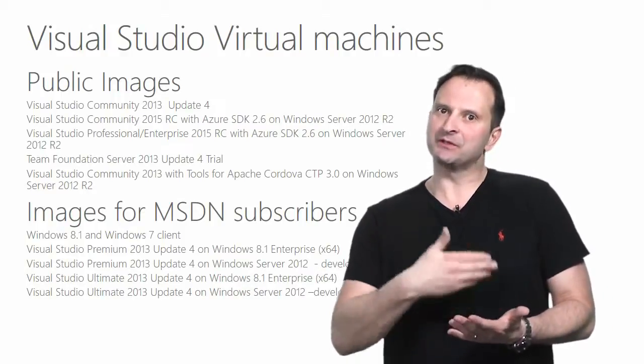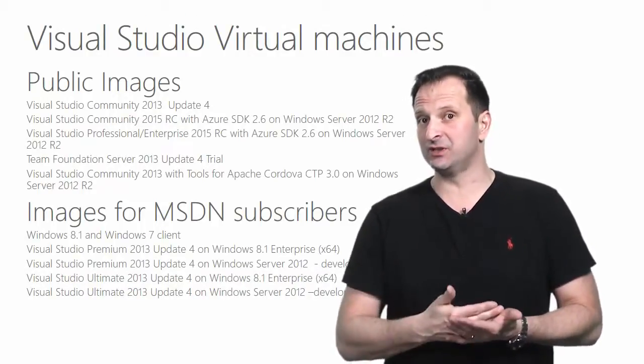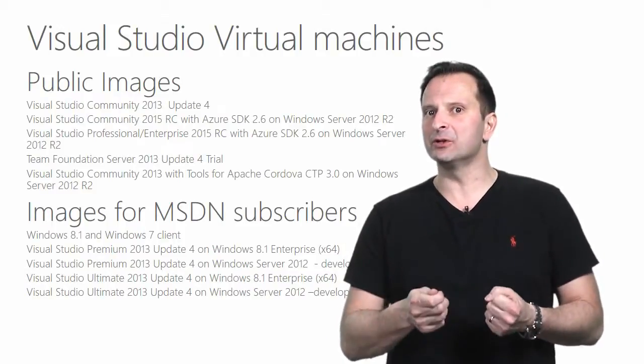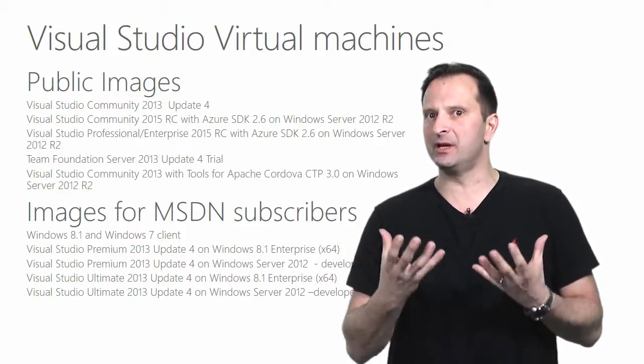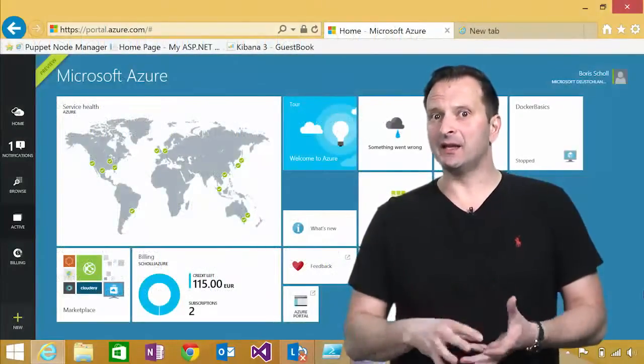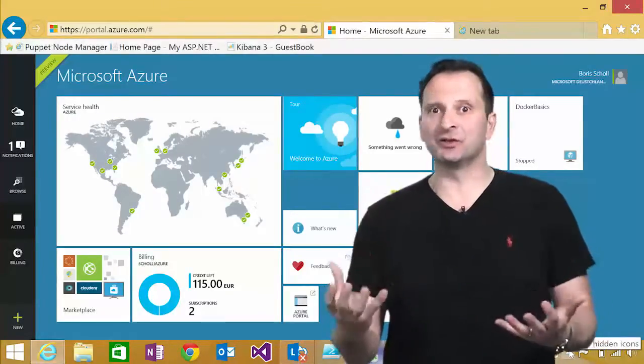They also come with a bunch of scripts that allow you to configure those type of images, or those virtual machines, right away after they've been fully provisioned. So you have, in pretty much no time, an entire development environment for, let's say, a SharePoint scenario. So with that, let's have a quick look at how to provision one of those images using just the browser.